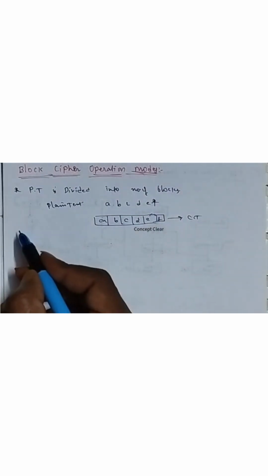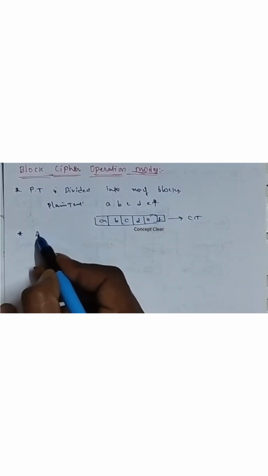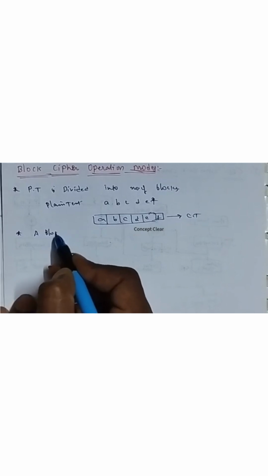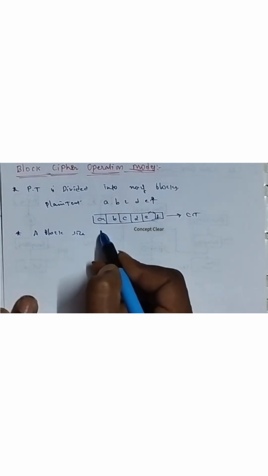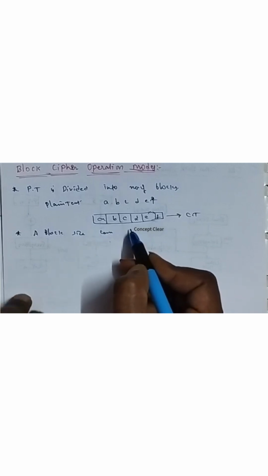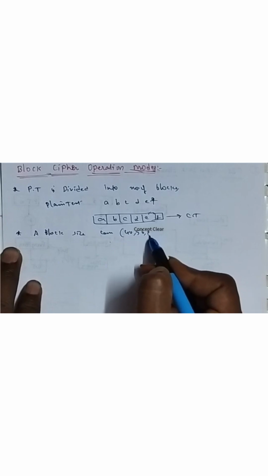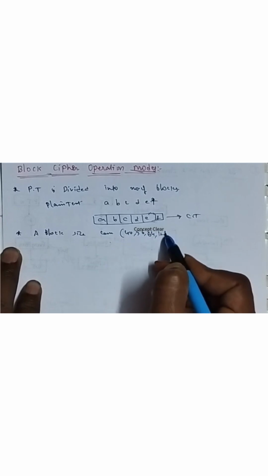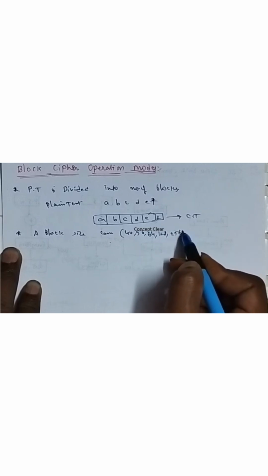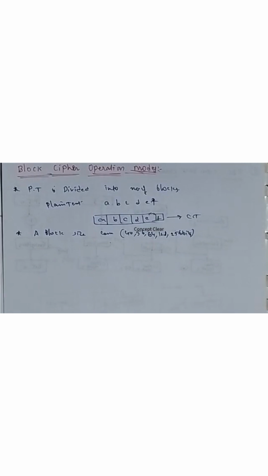Here the block size can be 40, 56, 64, 128, 256. According to this, the blocks will be divided. Clear?